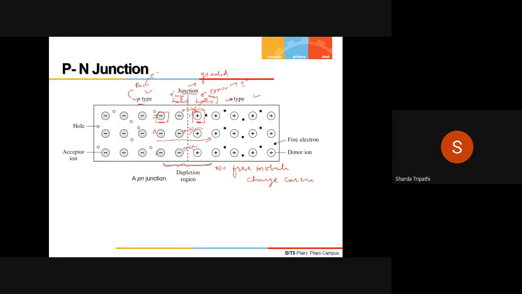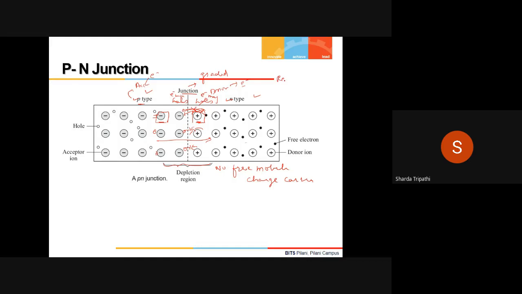So that means definitely at the junction, there exists a gradient of majority charge carriers, which causes the movement of electrons from this side to this side and of holes from this side to this side.